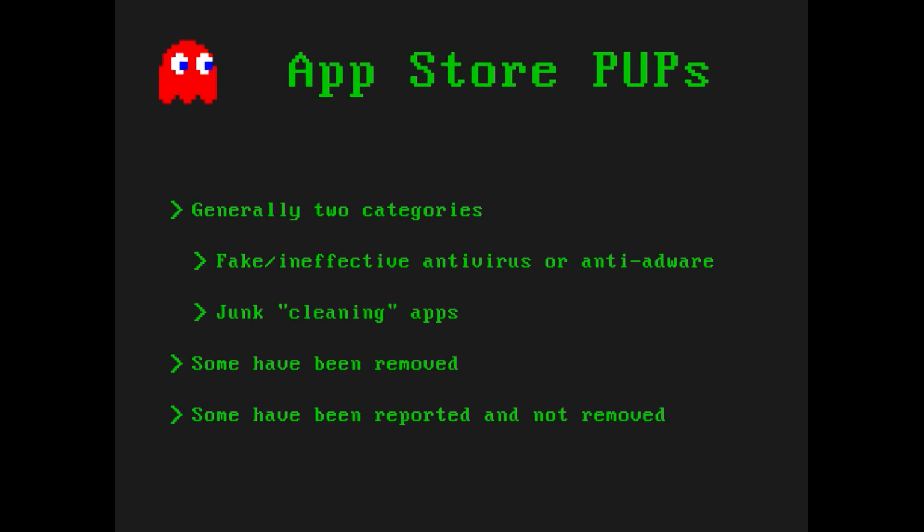There are generally 2 categories of PUPs in the Mac App Store, and those are fake or ineffective antivirus or anti-adware programs.